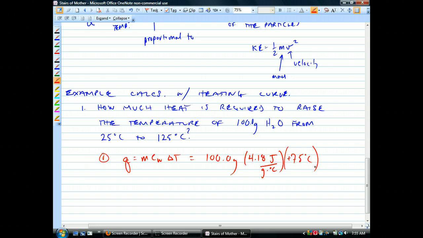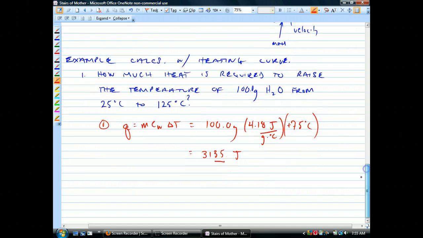Because in this stage, I'm only going to 100. You with me? So I've got 100 times 4.18 times 75, which gives me 3135. I've only got 2 sig figs here, but I'll keep them for now. Joules. That's how many joules it takes to heat up the 100 grams of water 75 degrees.